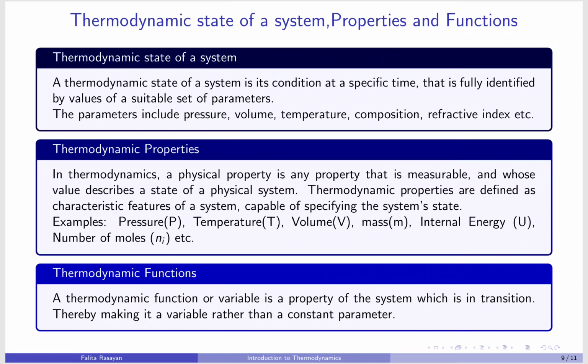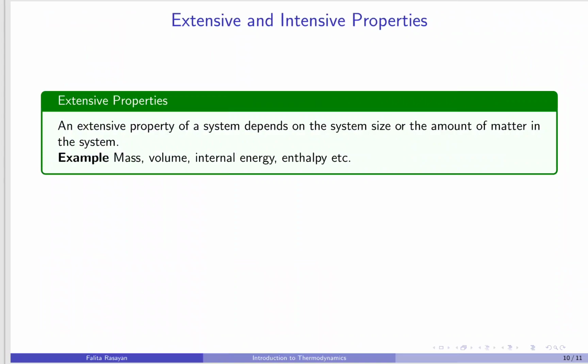What changes actually? The state changes. The state change is defined by changes in some parameters. It may be pressure, temperature, volume. When they are in a state of change, they are no longer properties but they are functions, or thermodynamic variables. So when a system is unchanging, we have thermodynamic properties. When a system is in the state of transition, we call the properties functions. So this is the distinction between thermodynamic properties and functions.